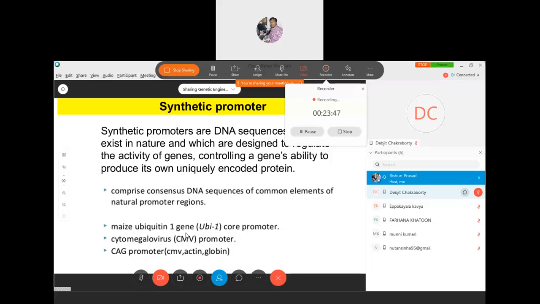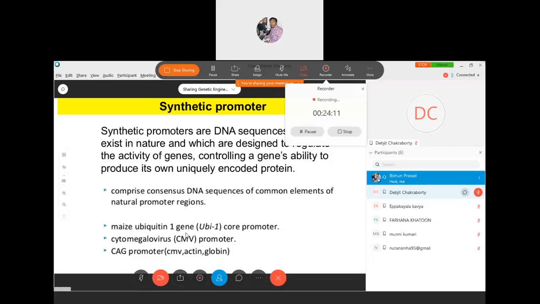Inducible promoters also have different categories. If you are working with insect damage, you can choose a wound-inducible promoter. If you want to express the gene after spraying some chemical, you can choose a chemical-inducible promoter.